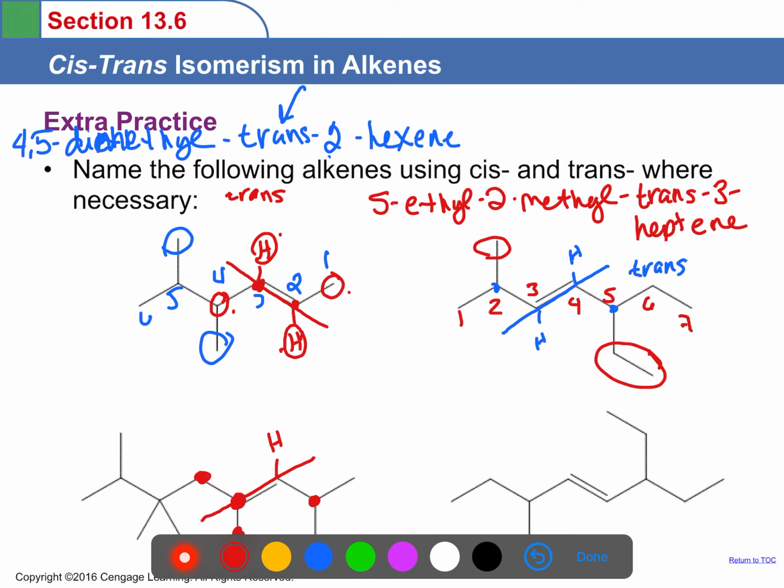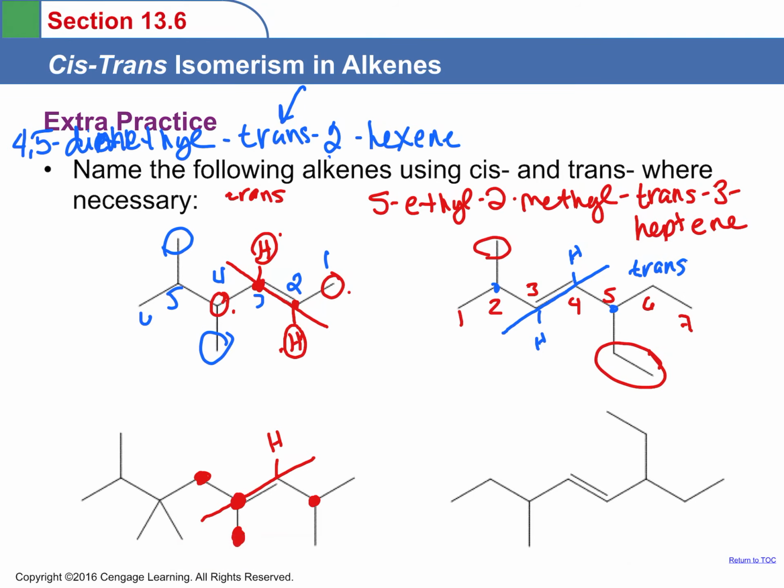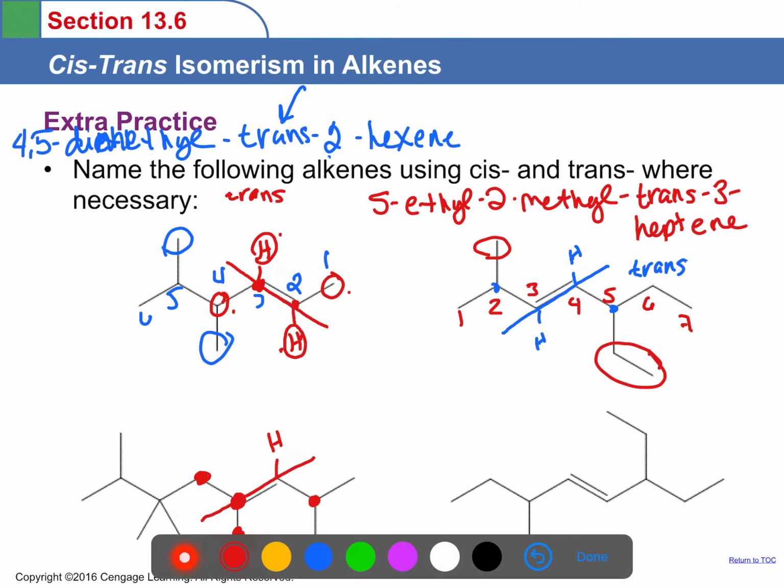So this is a little unique to this textbook, but this is how the homework is going to have you answer questions and how I will expect you to answer them on a quiz or an exam as well. So a lot of times we would say because there's 2 carbon groups, it's neither, but the carbon groups are different. So in this case, we are going to be able to do cis and trans, and it's going to be based on the longest chain.